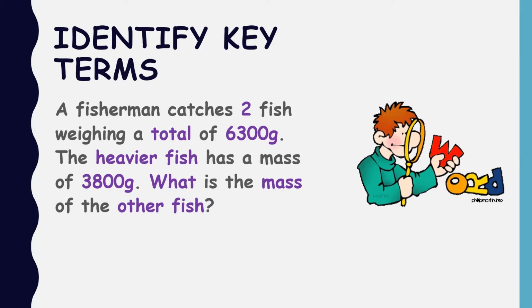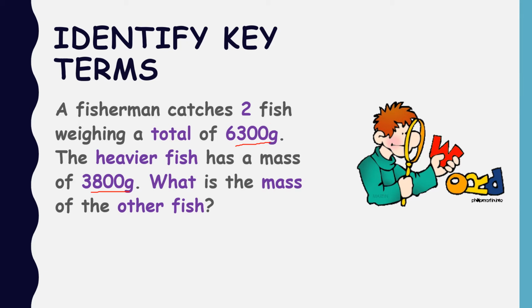How many fish did he catch? He caught two fish. What was the weight of the two fish? The combined weight was 6,300 grams. The heavier fish has a mass of 3,800 grams. So, what is the mass of the other fish?